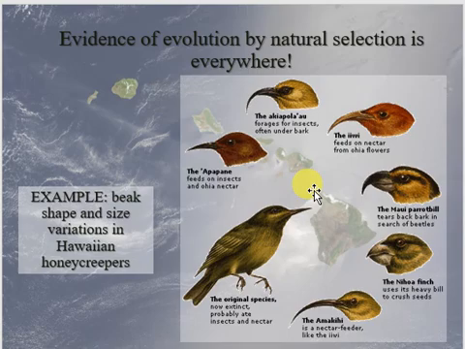Some of those have gone extinct, but in general, there are over 70 that have been identified. And all of these species, as substantiated by DNA analyses, evolved from a single common ancestor that essentially served as a founder species.